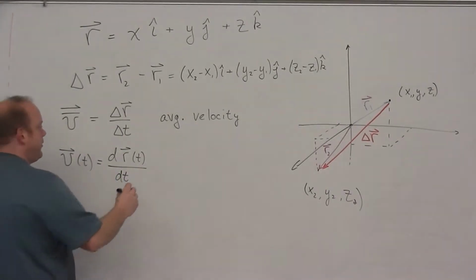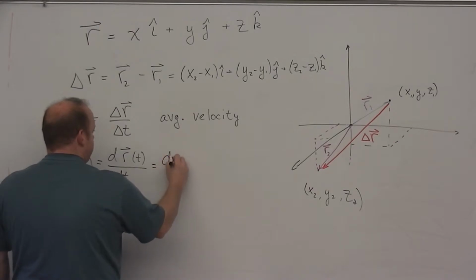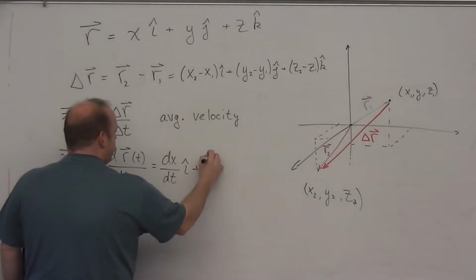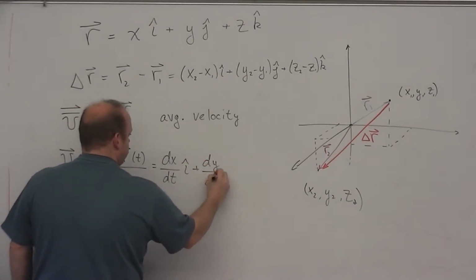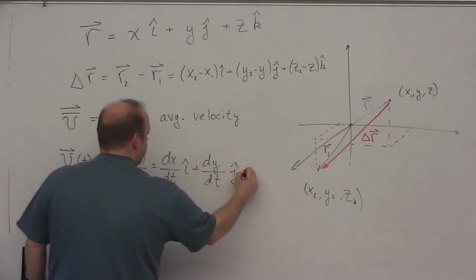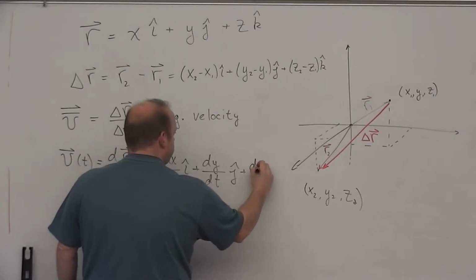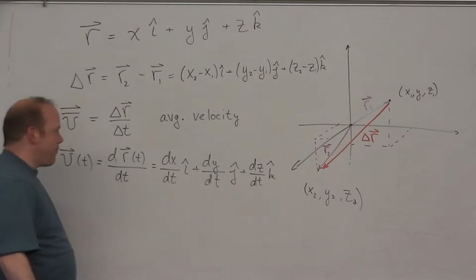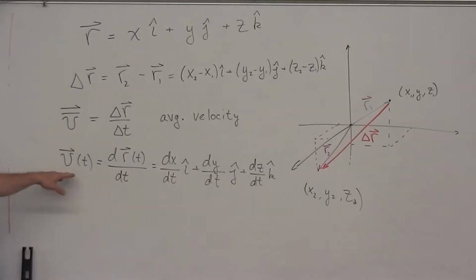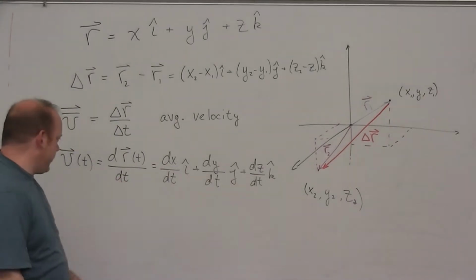So this is going to be dx dt i hat plus dy dt j hat plus dz dt k hat. Okay? So this is my instantaneous velocity.